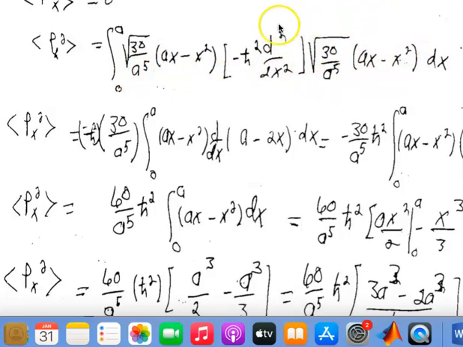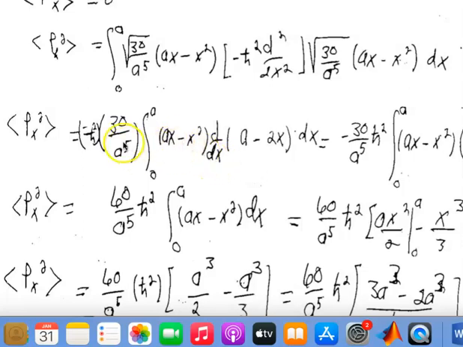And then you have to differentiate what follows, d second dx twice. You have to differentiate twice because this is a second derivative, and then multiply that by psi star before you proceed to make the calculation of the expectation value of p sub x squared. All right, so here we go.